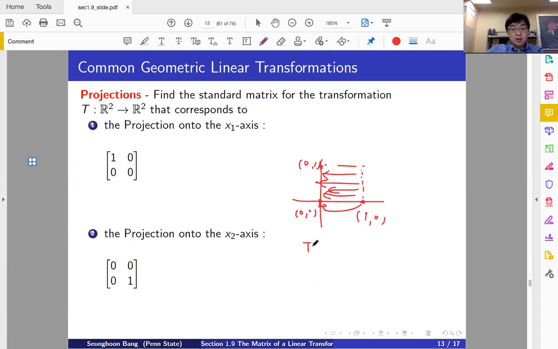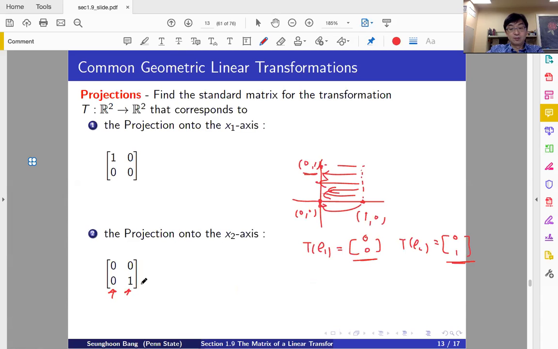T(e1) equals (0, 0), while T(e2) doesn't change, (0, 1). T(e1) = (0, 0) is the first column, and (0, 1) is the second column. So this is the answer to this question.